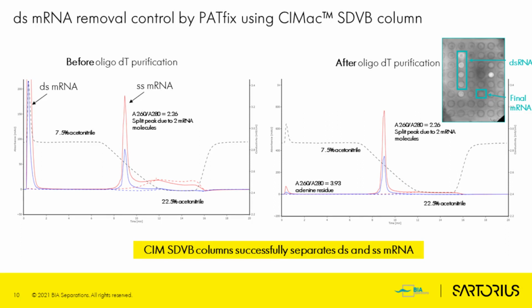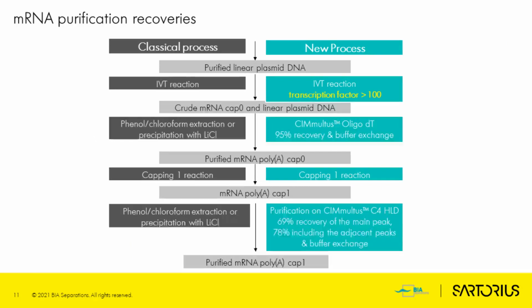We see double-strand RNA and also some other impurities and single strand in the dilution gradient. And after oligo-dT purification, we only see basically adenosine residuals to be present and just pure single-strand mRNA. This is also confirmed with dot blot.